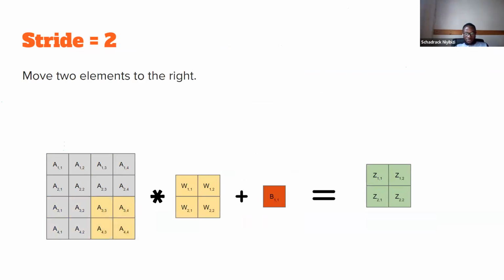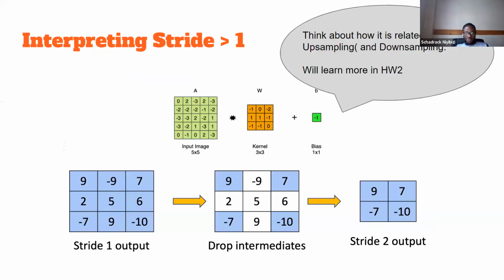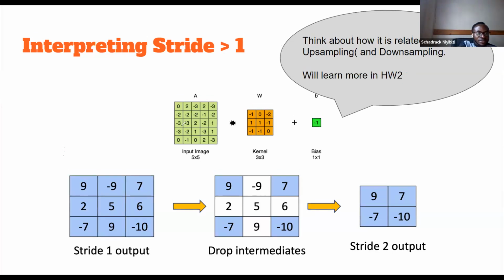But if the stride is less than 1, from the formula we have seen, for example, if I do this plus 2P over the stride plus 1, you see, if the stride is less than 1, this formula will look like this.